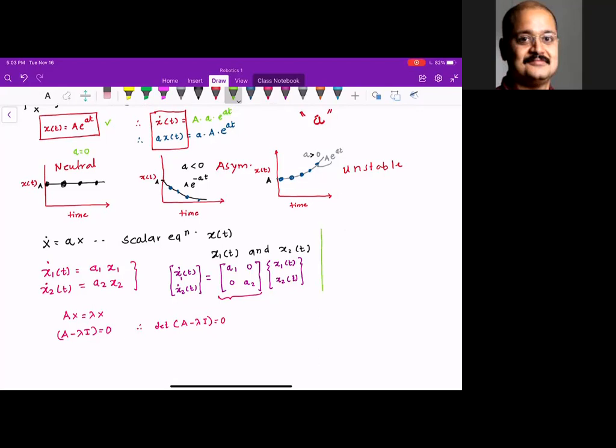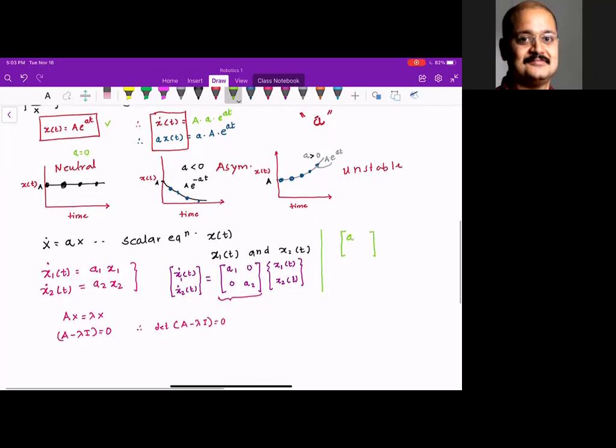Okay, so if you have a matrix, a matrix is a bunch of numbers stacked together. A, B, C, D, or 1, 2, 3, 4. This is a square matrix.